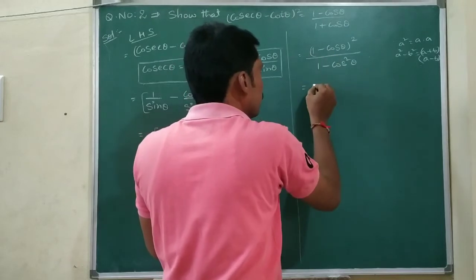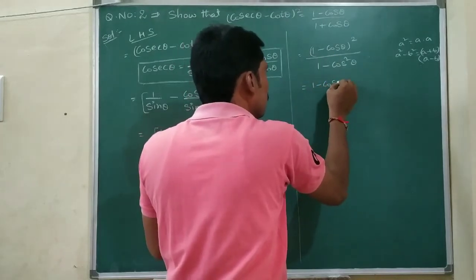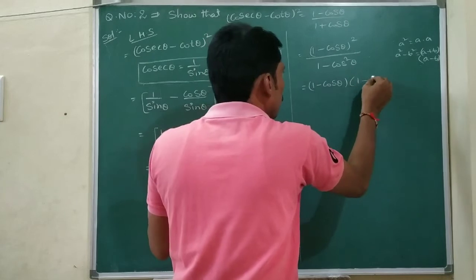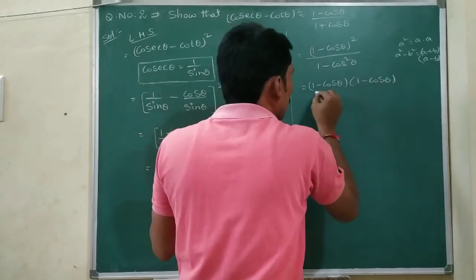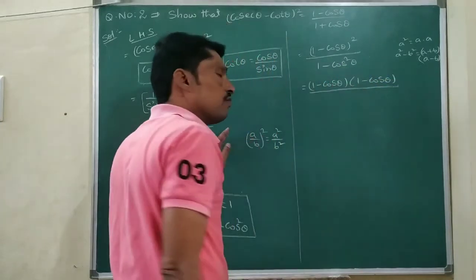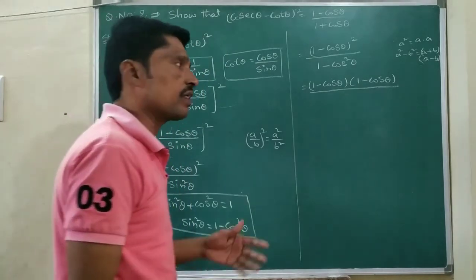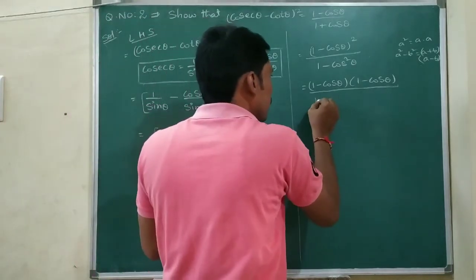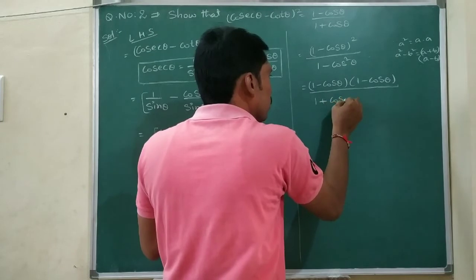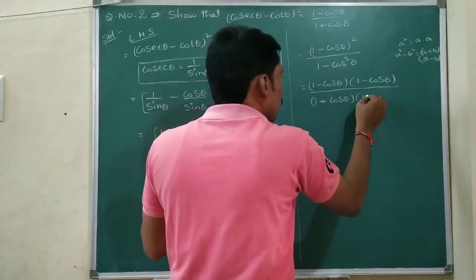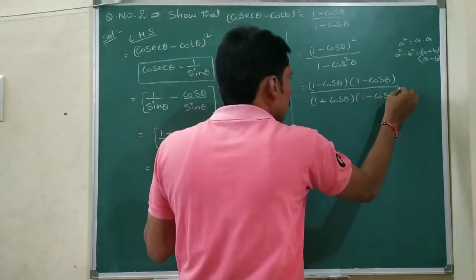So I am writing here: (1 minus cos theta) into (1 minus cos theta) by, where a is 1 and b is cos theta, (1 plus cos theta) into (1 minus cos theta).